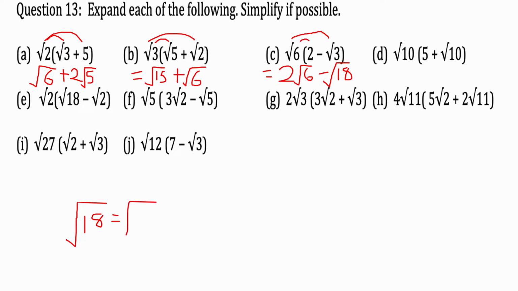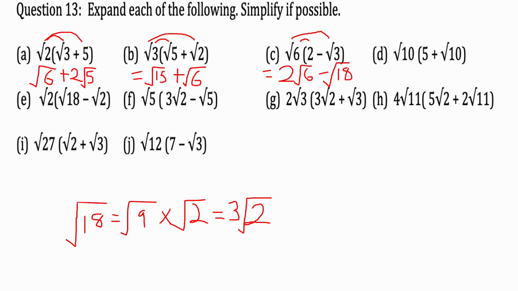So root 18 is root 9 times root 2, which is 3 times root 2, because the square root of 9 gives us 3.